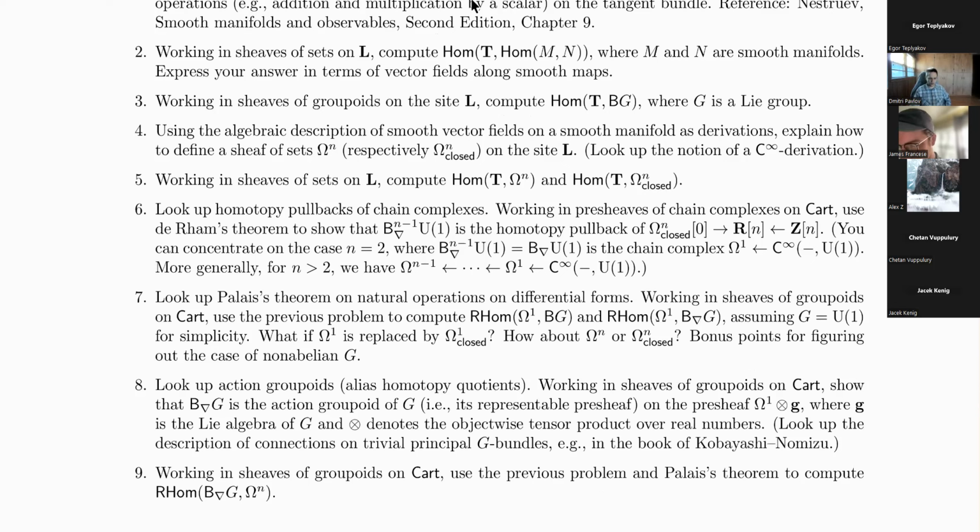Let me assure you that the amount of homotopy theory mentioned here is minimal. What you will need is basically formal properties of homotopy limits and colimits, plus a couple of computational formulas. And I hope I can explain them today, but if not, we can talk about it. You're welcome to ask questions.